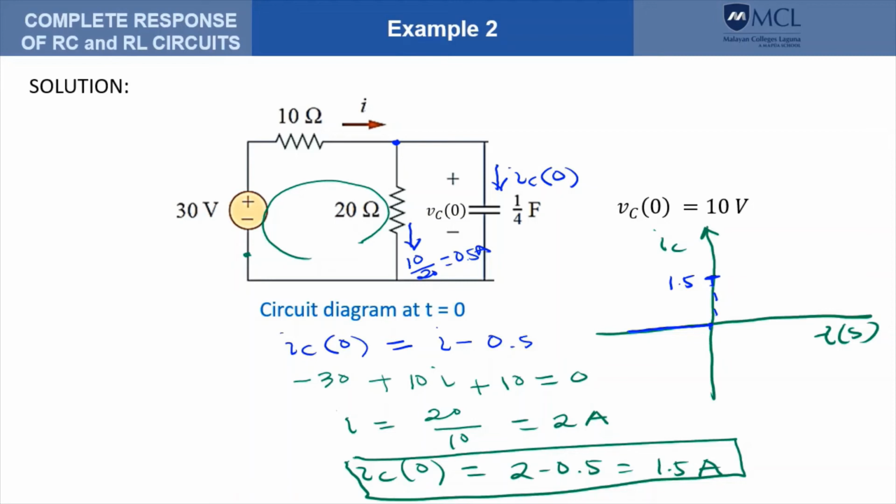So therefore, the current through the capacitor could either increase or decrease, but will settle to a new steady state value.